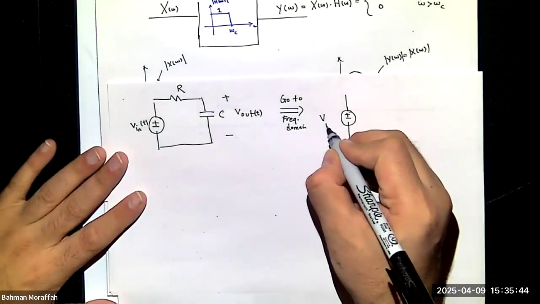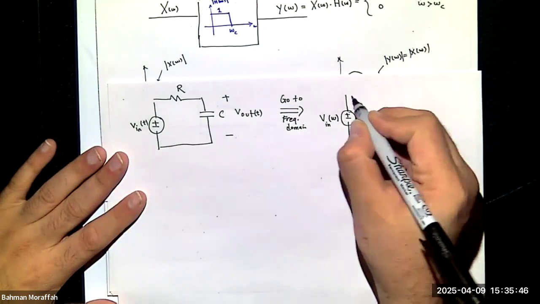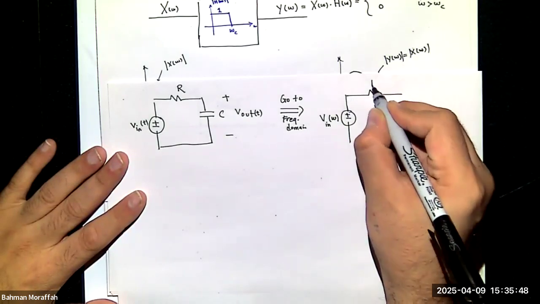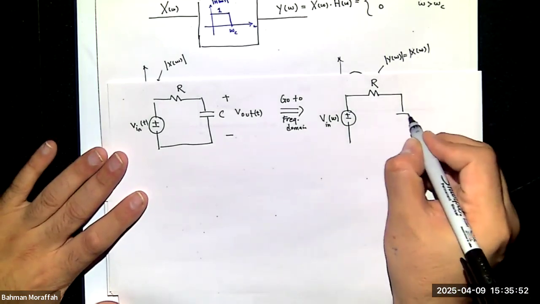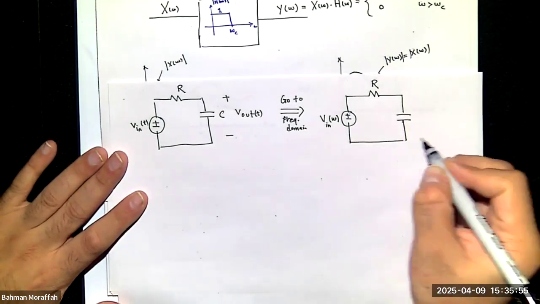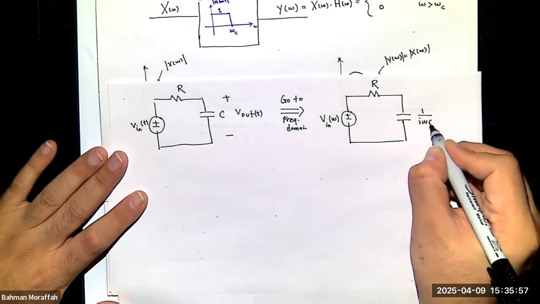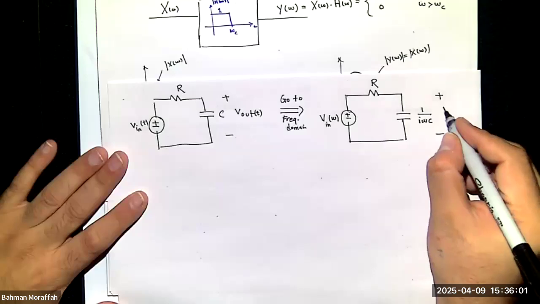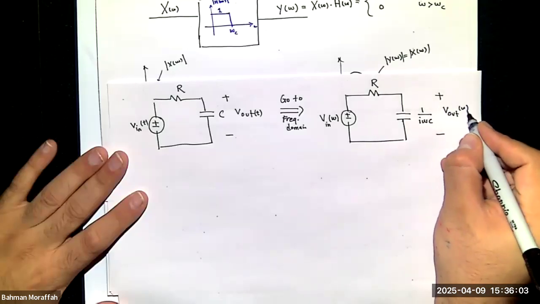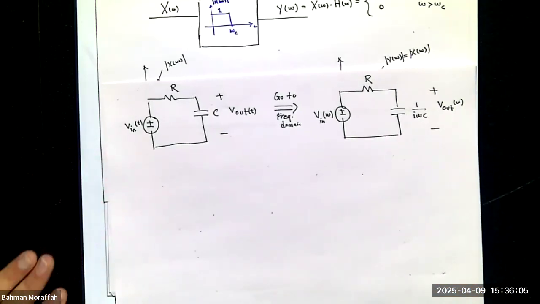So I have V in as a function of omega. The resistor would not change. The capacitor becomes 1 over i omega C, right? And what I'm interested in is this V out as a function of omega. Here I can find V out very quickly.